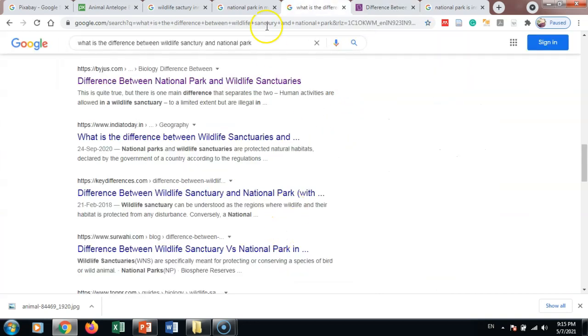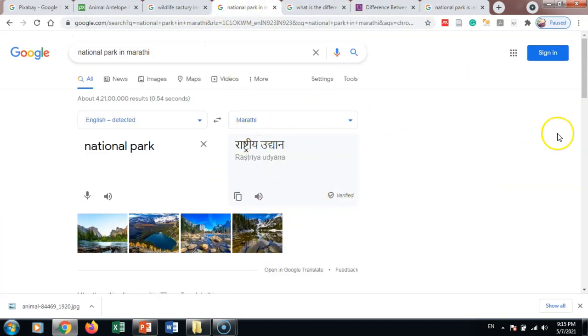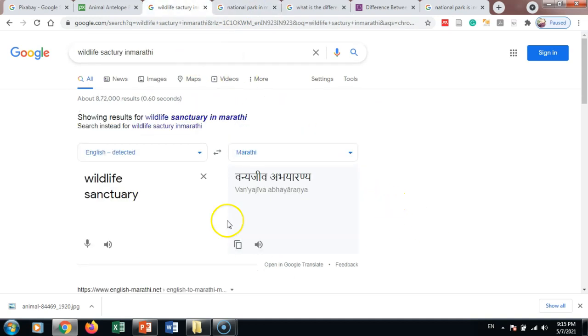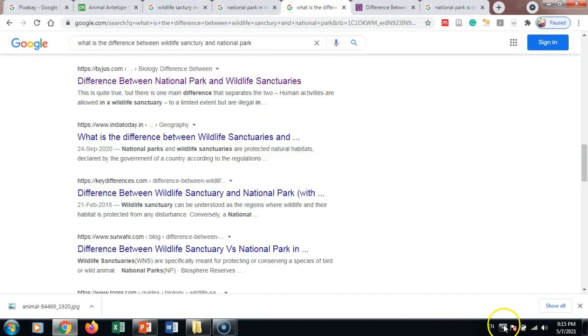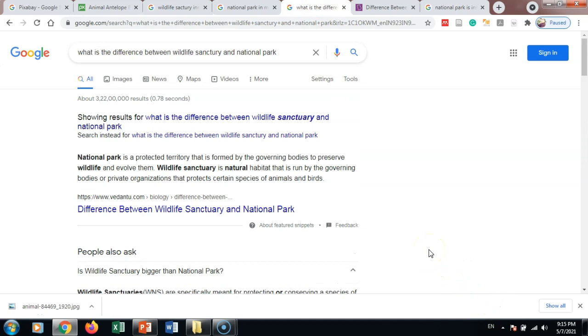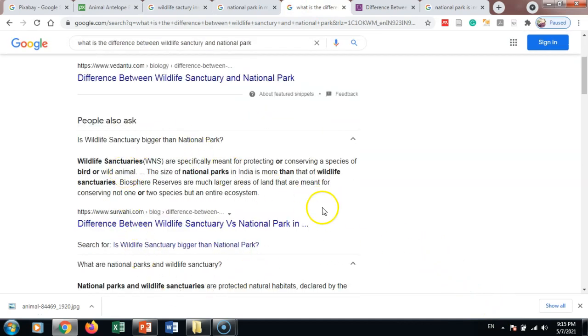Okay, so let's understand from this. In Marathi, national parks means Rashtriya Udyan, and wildlife sanctuary means Vanyajeev Abhayaranya. Now let us understand, wildlife sanctuaries are specifically meant for protecting or conserving a species of bird or wild animal.